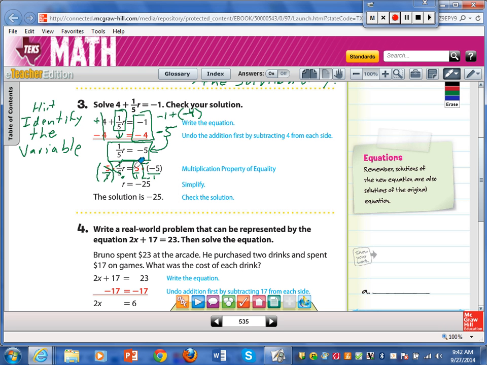So we know here that a positive times a negative will give me a negative. And 5 times 5 is 25. So the whole thing here is negative 25 over, now you got to do 1 times 1, which gives you 1. So we know that any number over 1 is just that number. So negative 25 over 1 is just negative 25. The solution is negative 25.